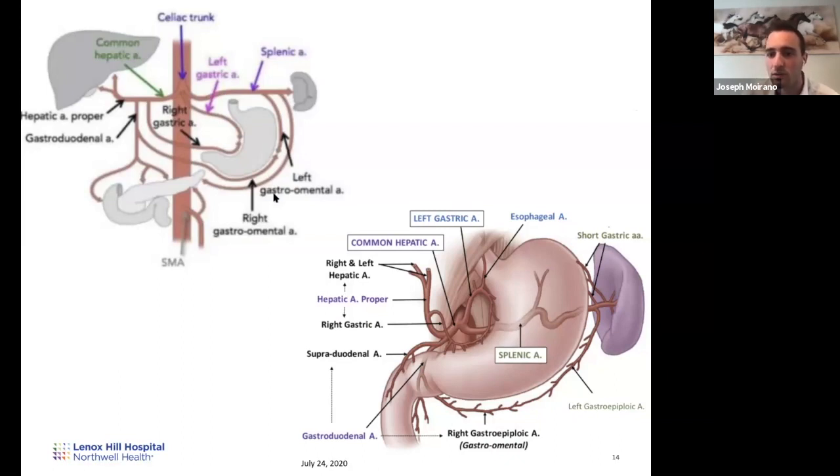I see a question: what supplies the greater curvature? Okay, yeah, so the greater curvature is this right here, and that's going to be supplied by these two arteries. So it's going to be the left gastromental and right gastromental, which are the same thing. It's the exact same meaning as gastroepiploic. And what ends up happening here is that these two arteries come together and create something called an anastomosis.